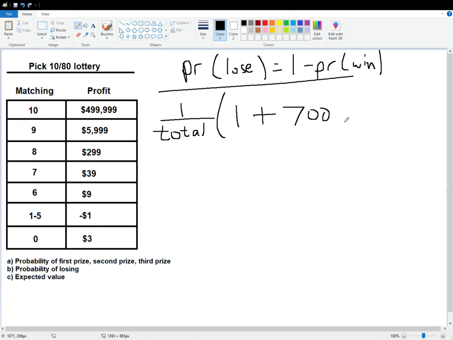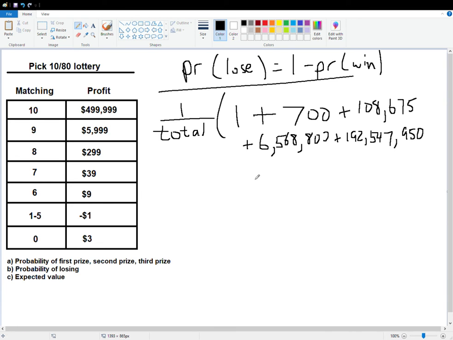So we had 700 plus 108,675 plus, what did we have? We have 6,568,800 plus 192,547,950 plus 3.969 times 10 to the 11th.